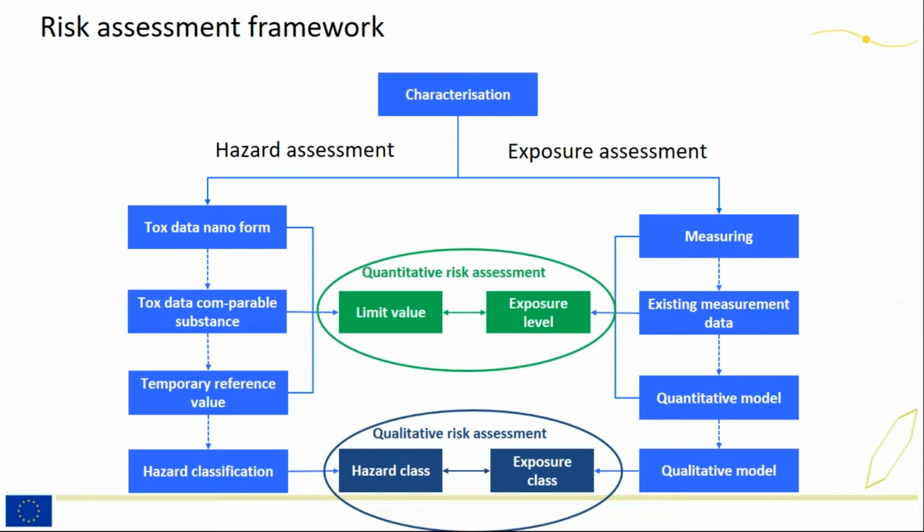This is exactly why on top there is a box characterization. This characterization should verify that you do the hazard assessment and the exposure assessment for the same material. We all know that this is an expensive way of doing your risk assessment.